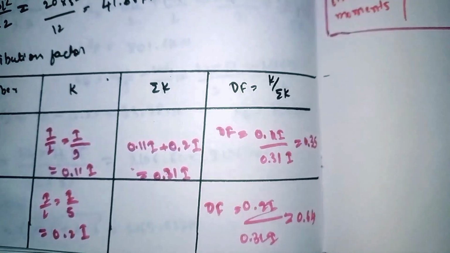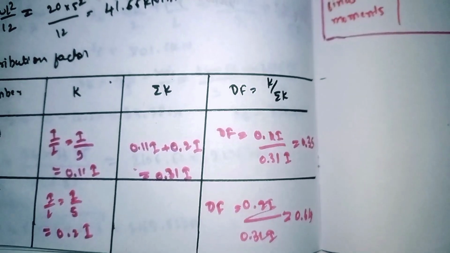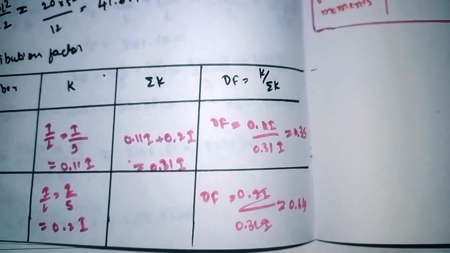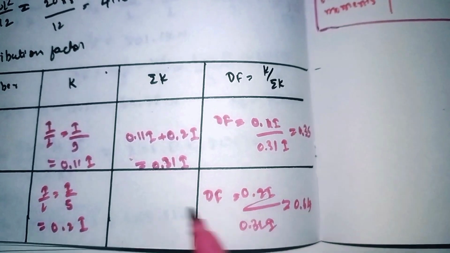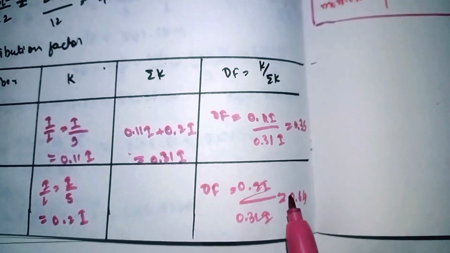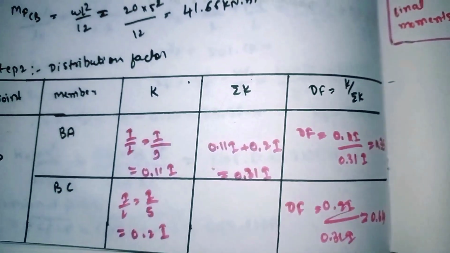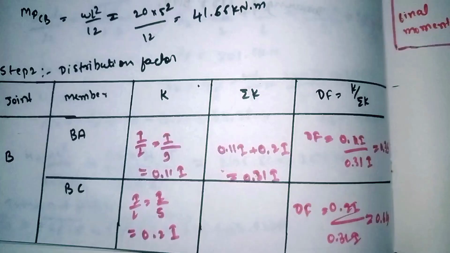So exactly 1 should be there, or 0.99 is also okay. This is how we calculate the DF.